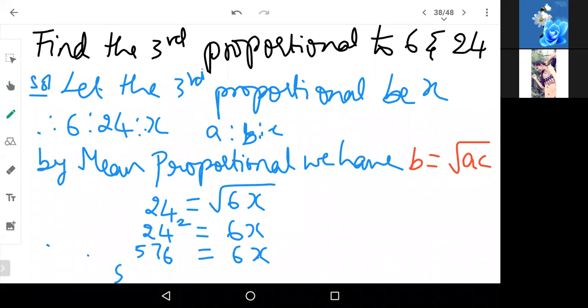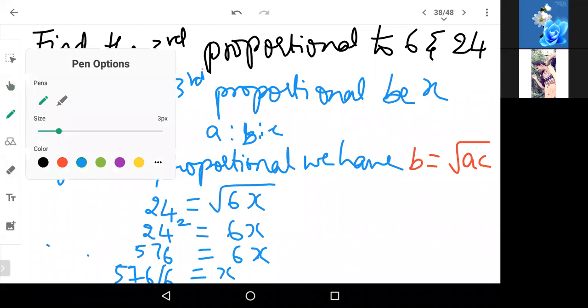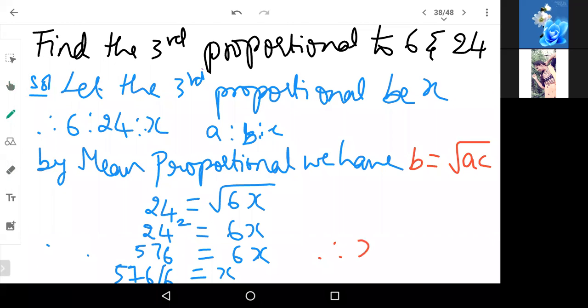So 576 divided by 6 is equal to x. Therefore, x is equal to 96.